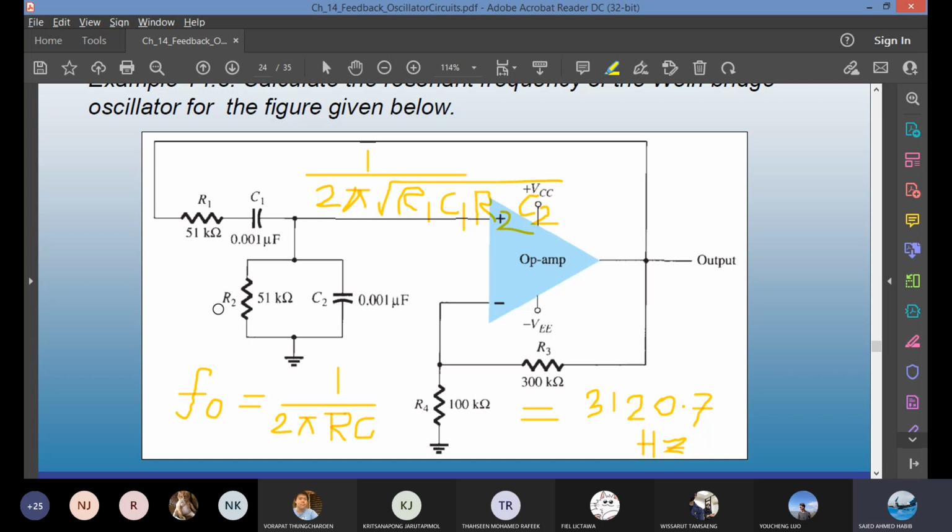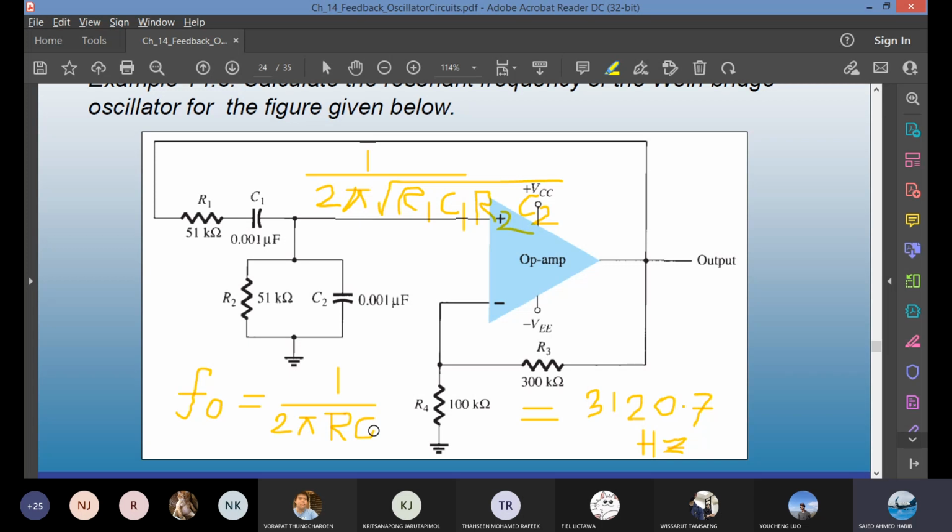I don't combine using any series or parallel. I just set R1 equals R2 equals R. Same for C1 and C2. They are exactly the same value, 0.001 microfarad. So if you take this and this, it becomes a square of the same value, and then you have a square root. So I just take C1 equals C2 equals C. We don't combine series parallel.